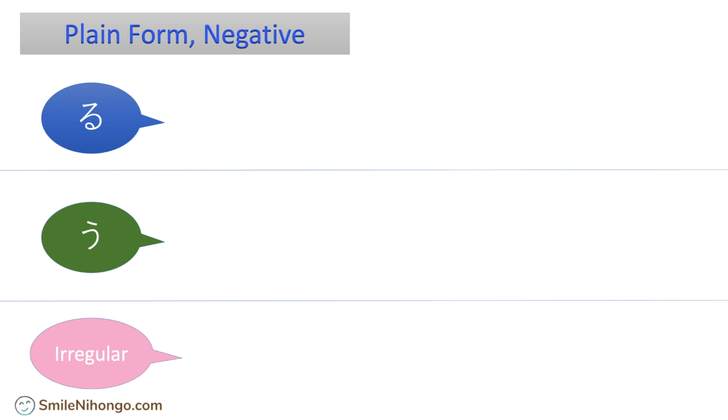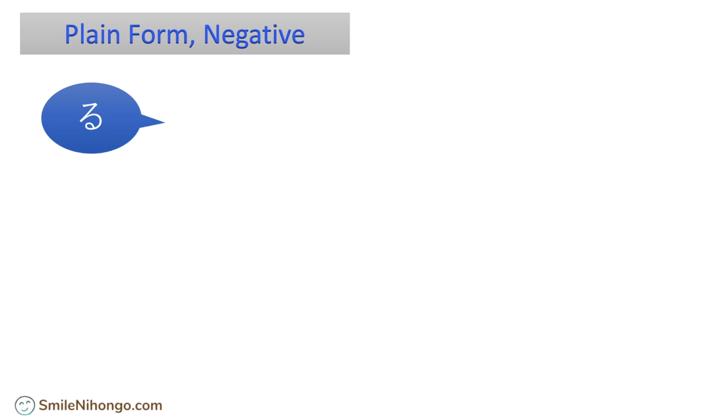Okay, let's begin. I'm going to explain this for each verb group: ru verb, u verb, and an irregular verb. The first group is ru verb. This is the most simple one to conjugate. I'm going to list some samples here. See for yourself if you can figure out the formation rule.